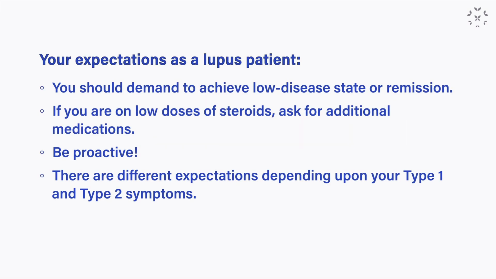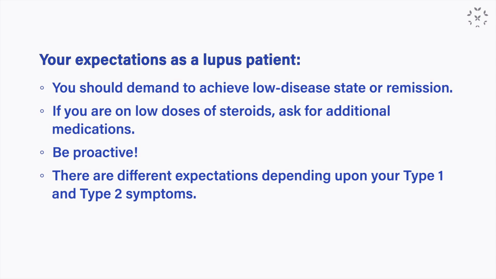So a question that you might have is, what should your expectations be as a lupus patient? You should demand that you try to get into low disease activity or remission. Not every rheumatologist or doctor is a lupus expert. We're having a huge shortage of rheumatologists, so many patients with lupus see a primary care physician who's not a rheumatologist. So if you're having active inflammation and you know you are, you should ask your doctor, is there anything I can do with my medications, or is there anything I can add to get my lupus under better control?